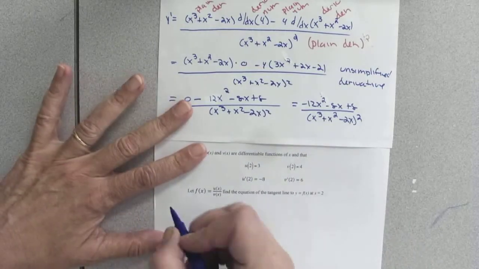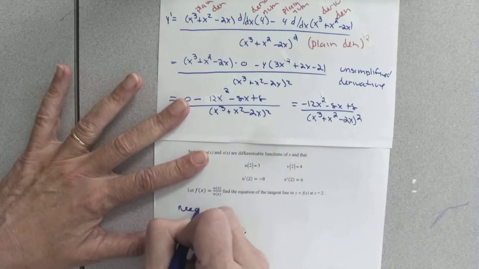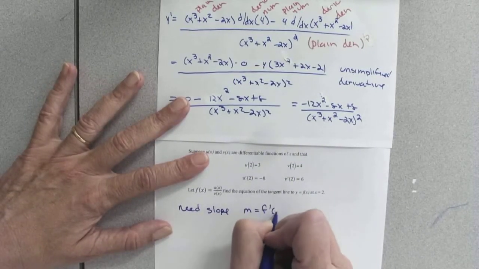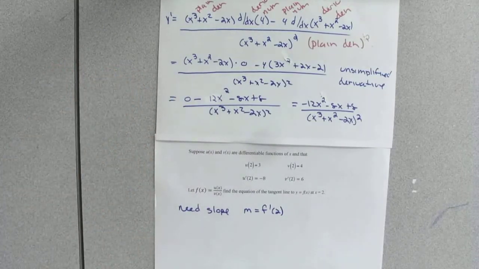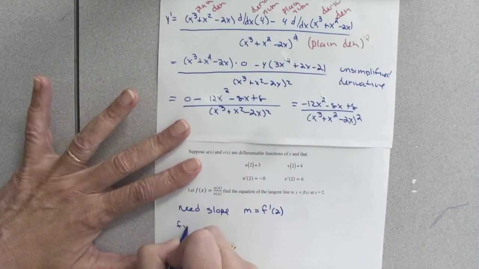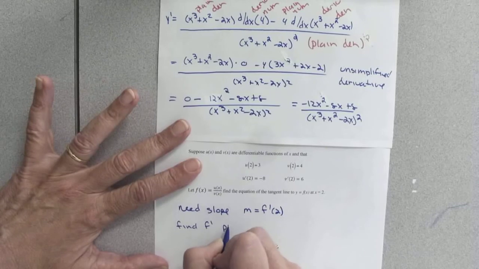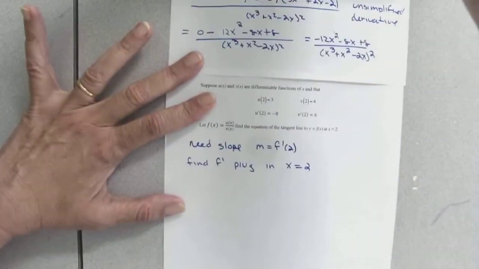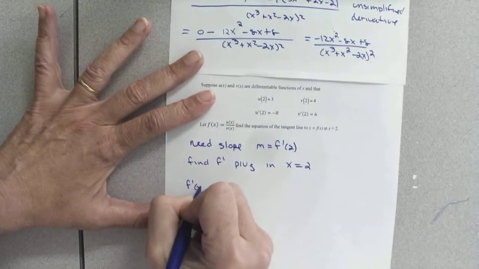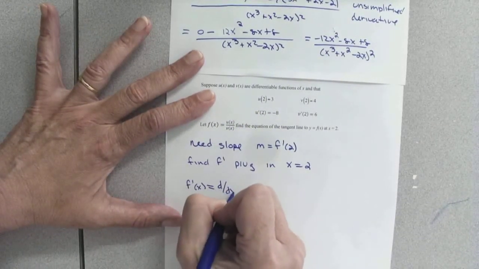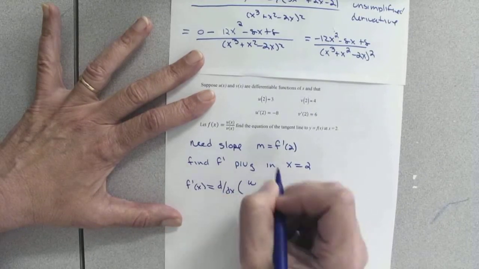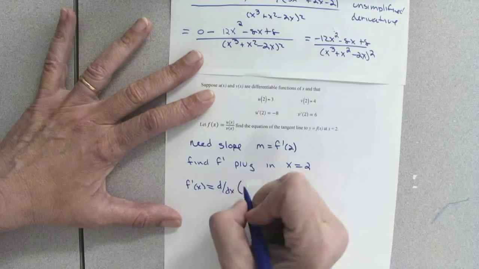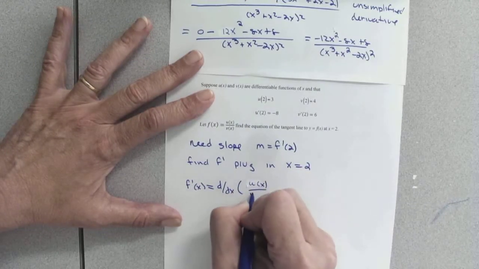Okay, equation of the tangent line. We need a slope. And the slope is going to be f prime of 2. So that means I got to find f prime, plug in x equal 2. Well, f prime of x is going to be the derivative of u of x over v of x.